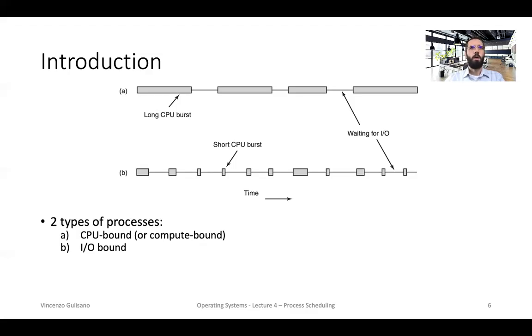If you think about a data analysis process that is doing a lot of complicated operations over data, if you start to run that process, then most of the time will be spent running instructions at the CPU, okay? And sometimes this process might request input output, let's say, to read some data from a file or to store some data, but those are events that do not occur frequently. Most of the time it is using the CPU to actually run the analysis.